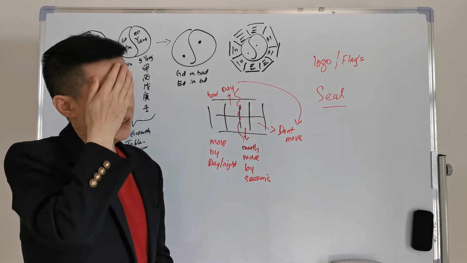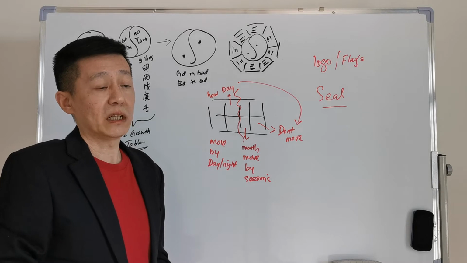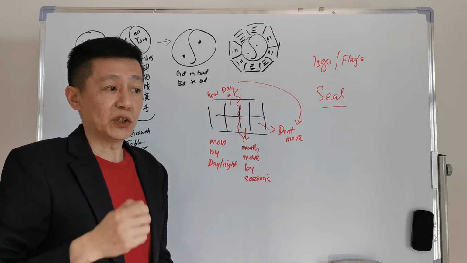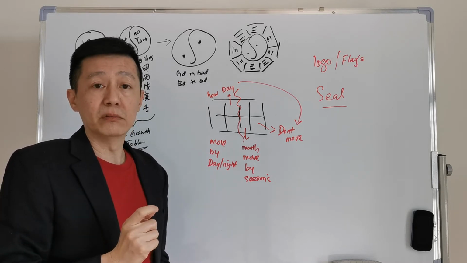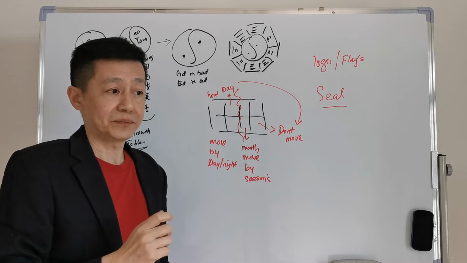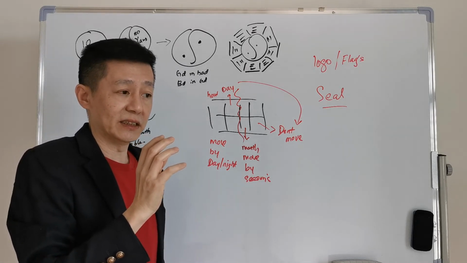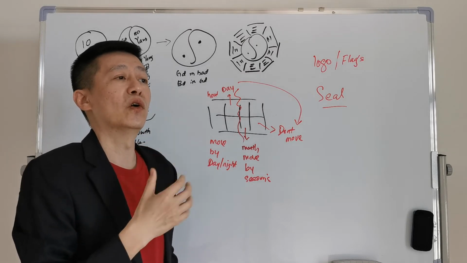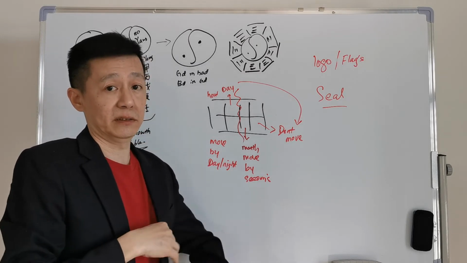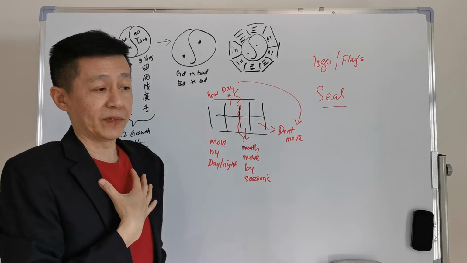Understand? In my previous video, I talked about the coronavirus, right? Your day master is your symbol. You understand? But of course, that one is for immunity, right?